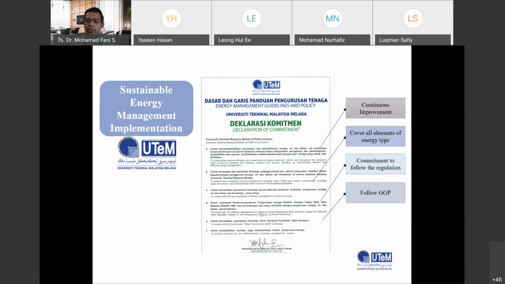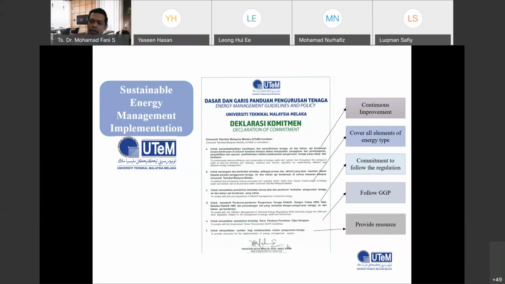For the financial one, the commitment is to follow the GGP, Government Green Procurement, for any purchasing procedure. It is another part of the procedure to buy something with consideration of the 40 elements under the GGP, on how we can buy or put out any tender or procurement for the certain budget that we need, to buy equipment or other assets under UTM.